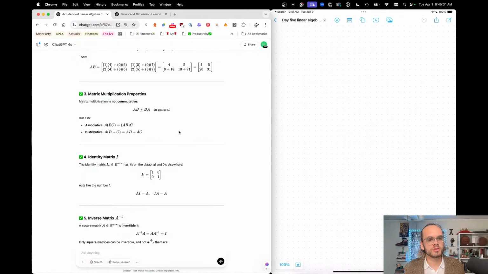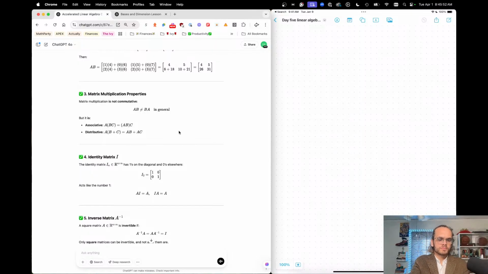Another thing, matrix multiplication, because you're going rows in one of them and columns in the other, it's not commutative, meaning you can't flip the order of it. A times B is not the same as B times A. It is, however, associative. That's interesting. I need to think about why if I multiply a matrix times 2 matrices, it's going to equal that.